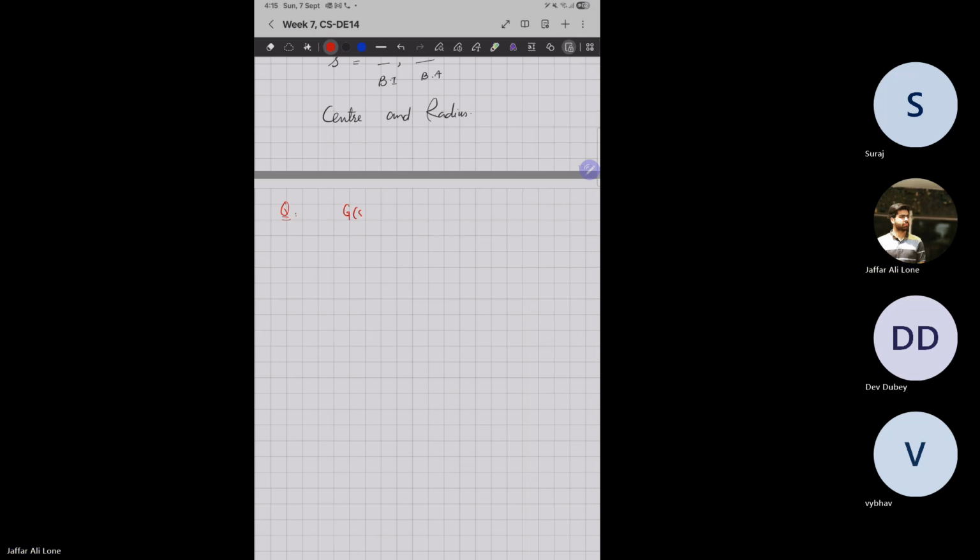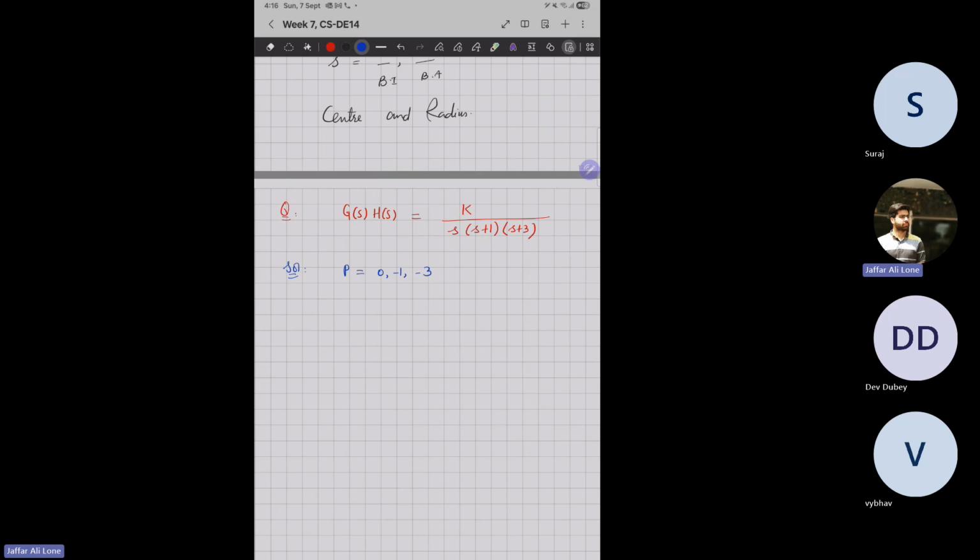G of s, H of s is given by K over s into (s plus 1), (s plus 3). You have three poles at 0, minus 1, and minus 3. So you have to sketch the root locus. Problems I'll keep on giving. So let's go on plotting.